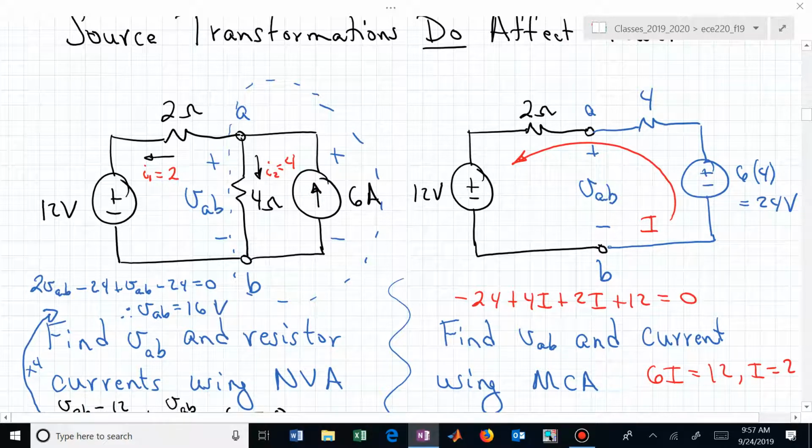What you can do is say anything outside of terminals A and B should be consistent. And it is. The current flowing in that 12-volt voltage source is 2 amps in both cases. The same with that 2-ohm resistor. Internal to A and B, where we made the equivalence, don't think that things are going to be consistent. That's the bottom line for this example.